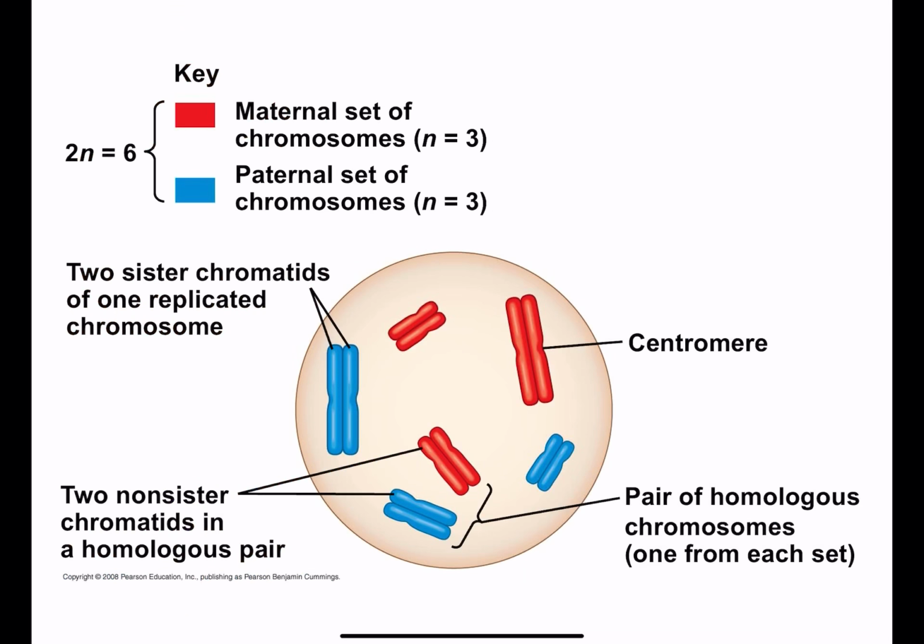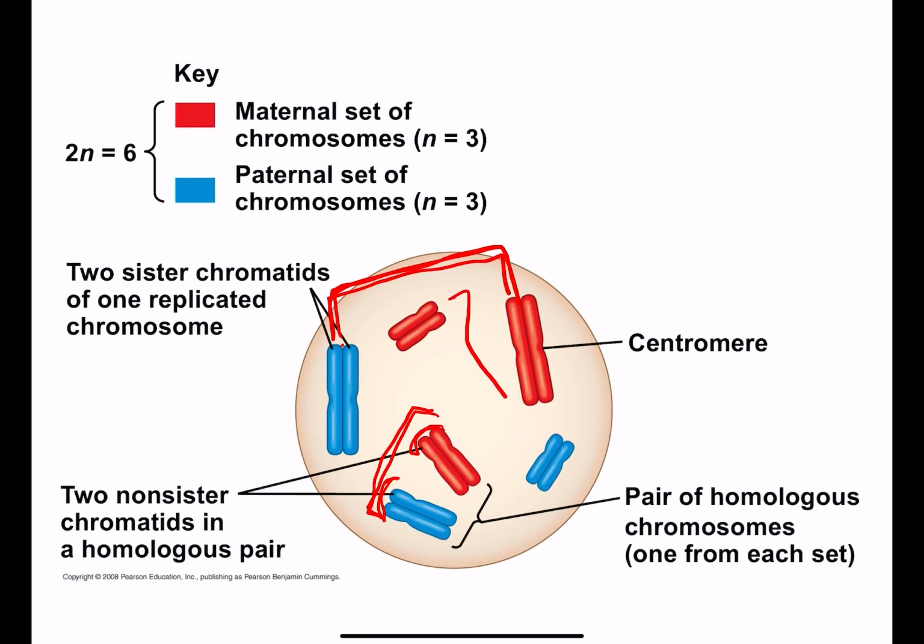Last slide here. So this shows our homologous chromosomes. And so this is a homologous pair. When you've got the set from mom that's been replicated and the set from dad that's been replicated. The one from the mom plus the one from the dad makes the homologous chromosome, or sometimes they're referred to as homologs, okay? And these are replicated. So that's a homolog. These two, if they were bound up together, they would be referred to as homologs.